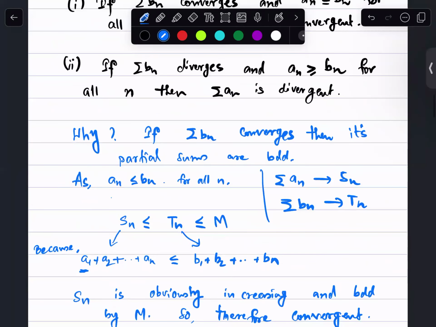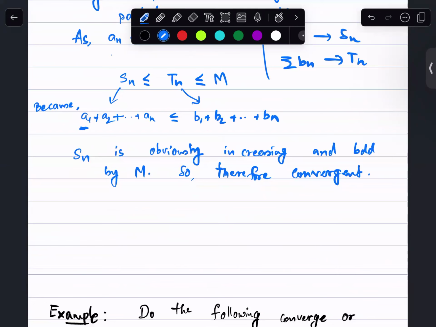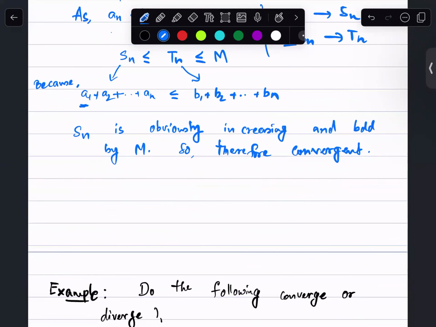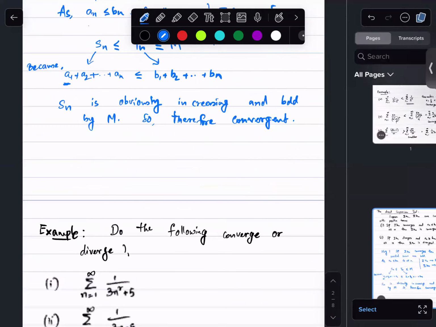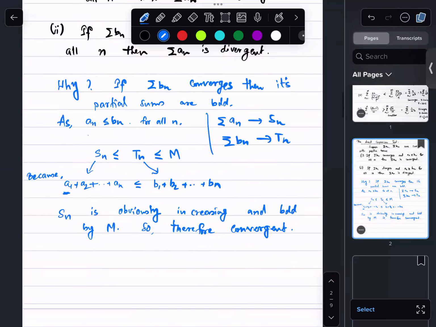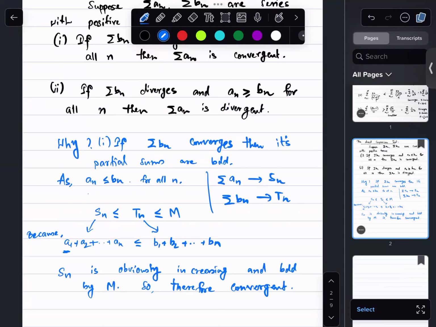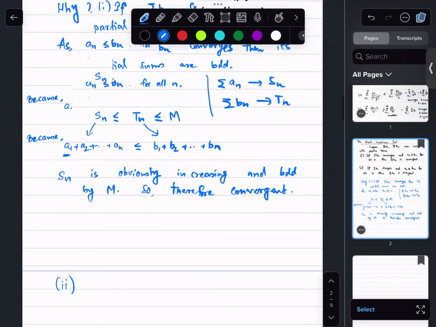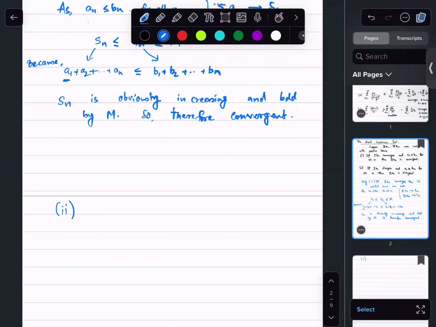For the second part, kind of the same logic holds, right? Say if summation bn diverges, then its partial sum tends to infinity, right?